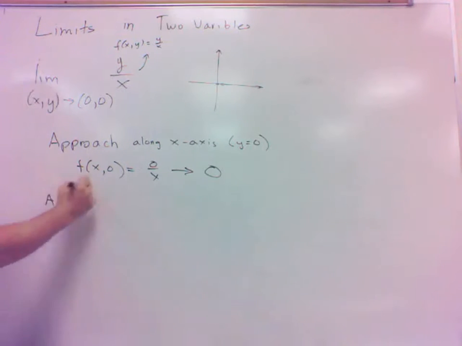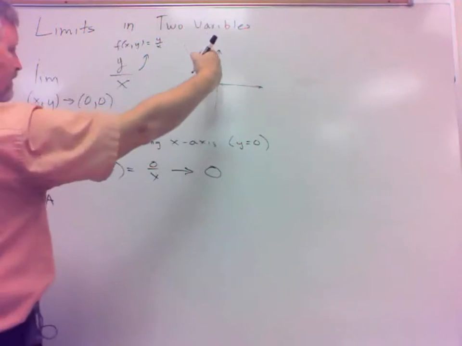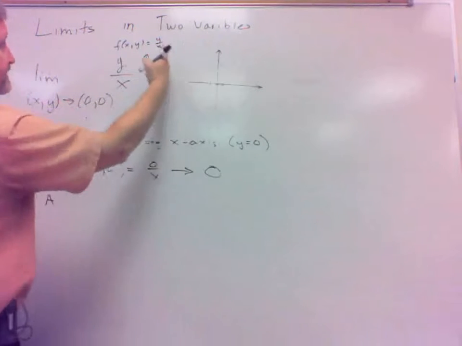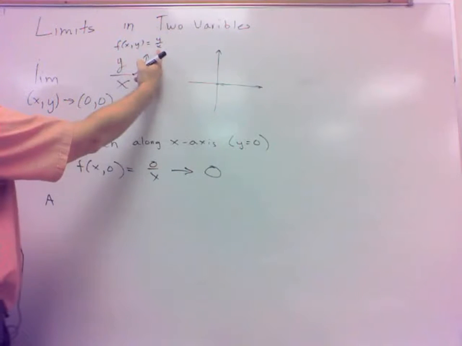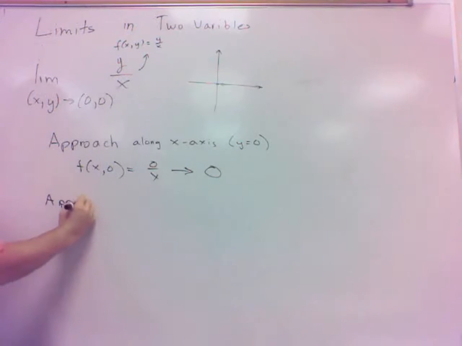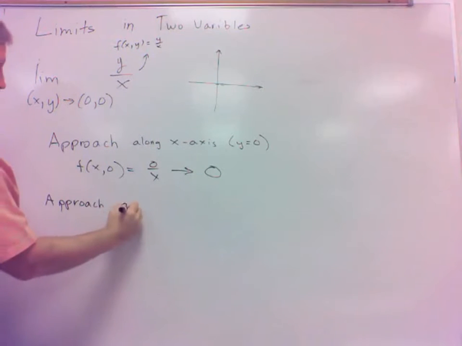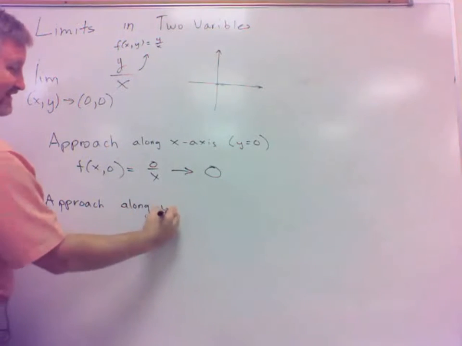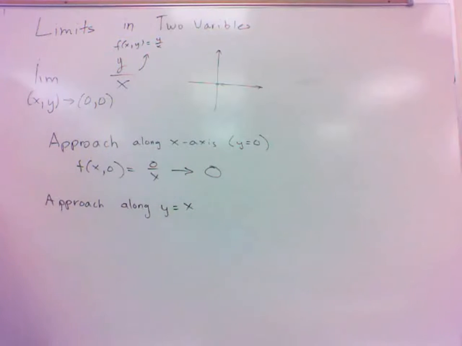Now, of course, we're not going to approach from the y-axis because that's not in our domain. So we're going to approach along another line, the y equals x line. If y equals x, then what are our function values there?